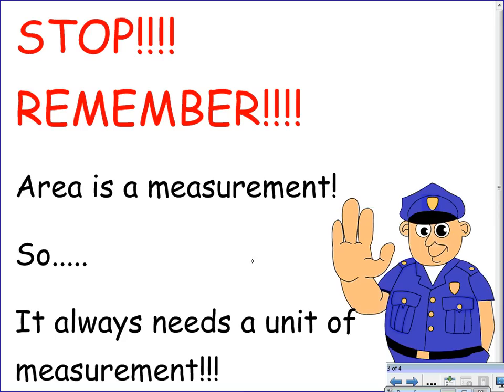If you do not put a unit of measure and you tell me that the perimeter around a shape is 5, I don't know if you mean 5 centimeters, 5 miles, 5 yards, 5 feet. You have to have a unit of measure. Again, if there's no unit of measure listed on the shape, then the answer is 5 units or 2 units, however many you count, and then you put the word units behind it.